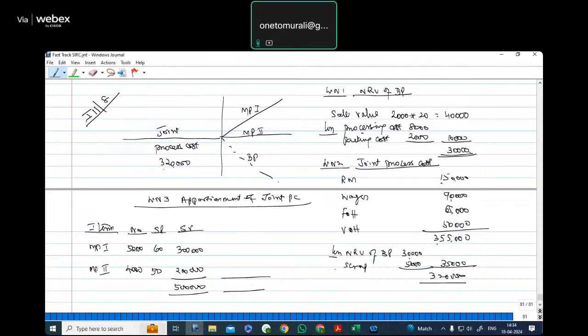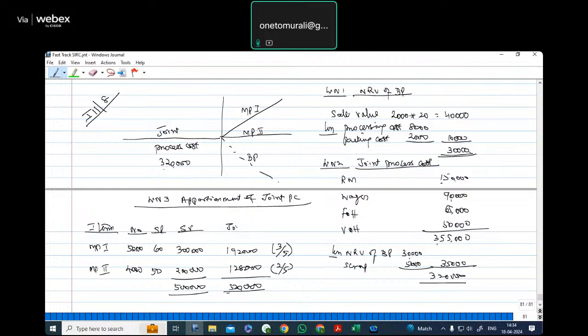The joint process cost of 3,20,000 shall be distributed in that ratio. So it is 3 by 5 and 2 by 5. 3,20,000 into 0.6, 192,000, and 128,000.